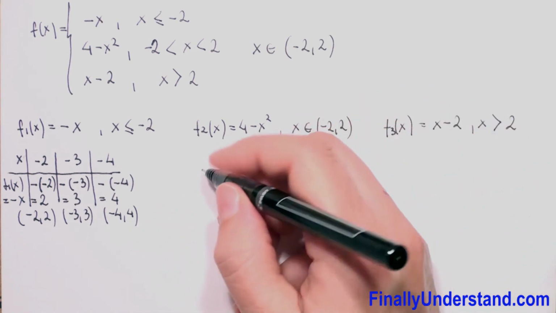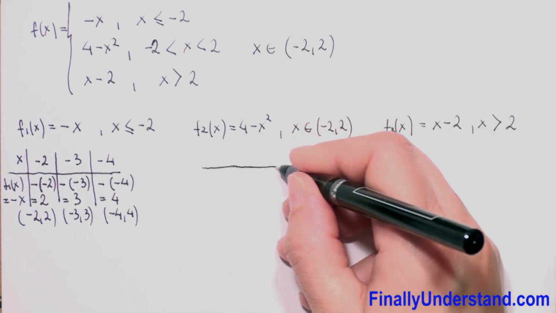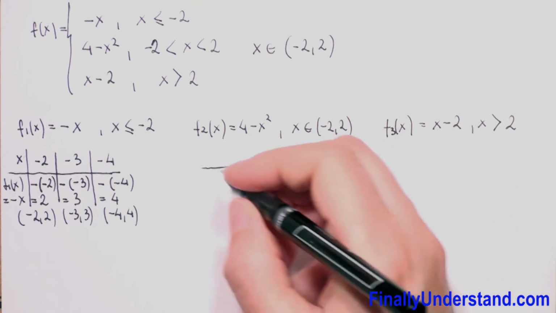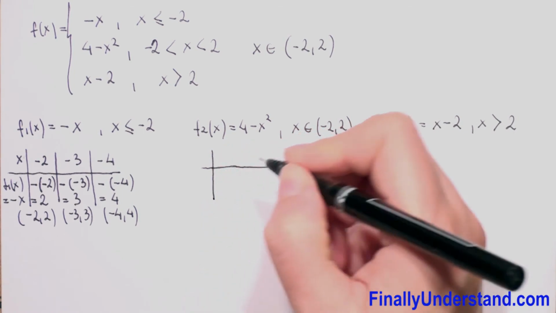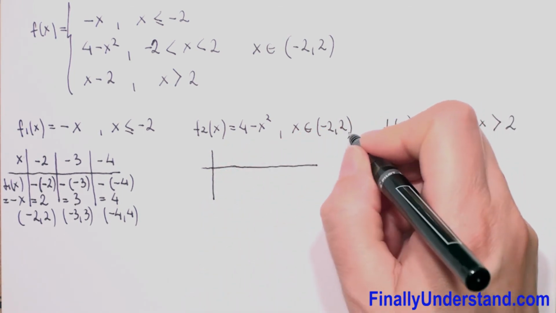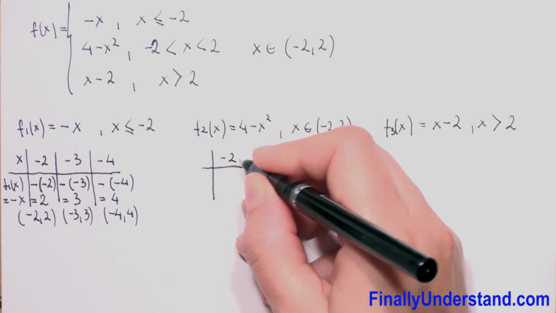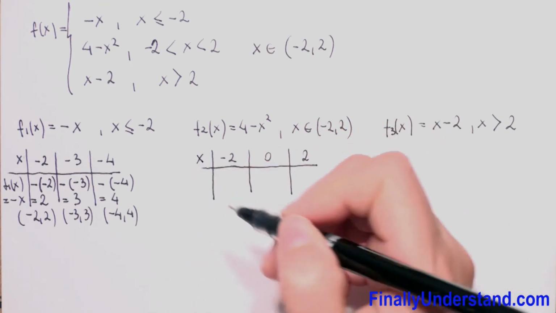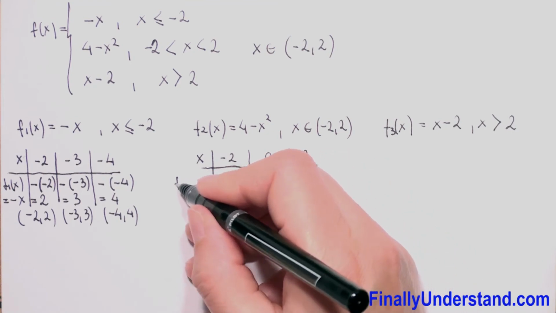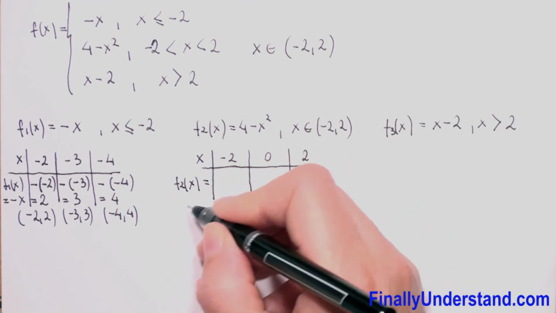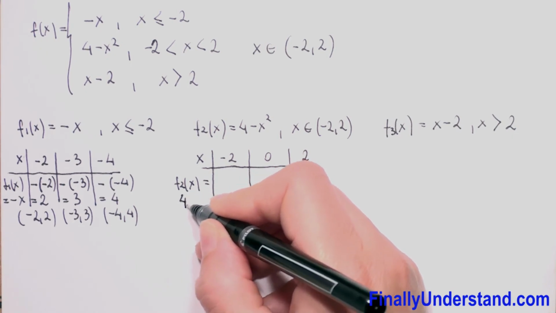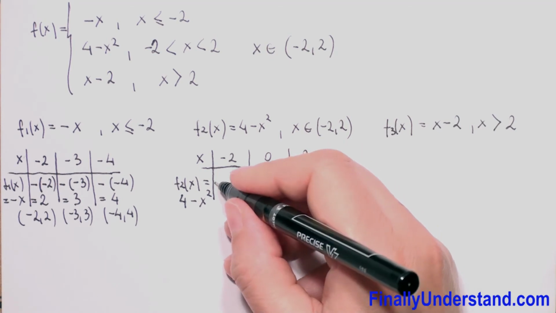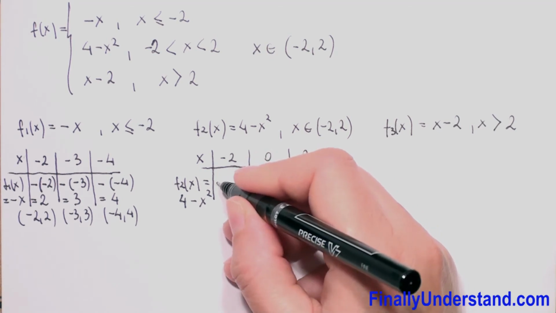Now we have to choose x from the interval from -2 to 2. It is an open interval, but like before I have to check what the function does at the ends of this interval. So I will choose -2, 0 and 2 as my x, and the second row is for the value f of x equals 4 minus x squared. First, replace x by -2.